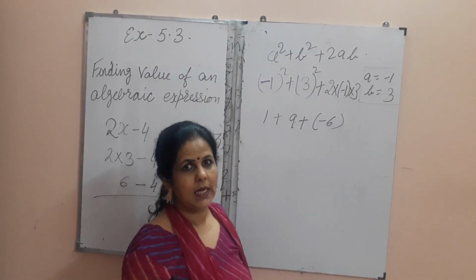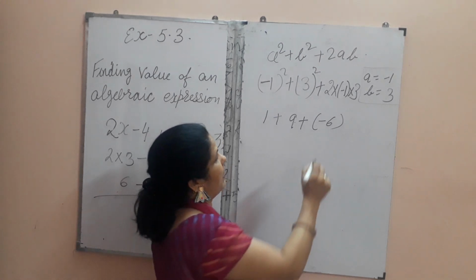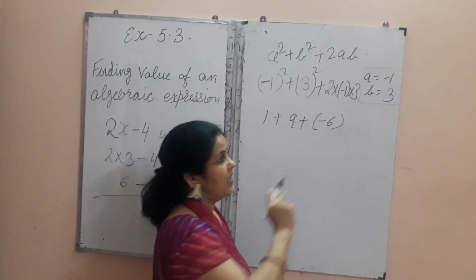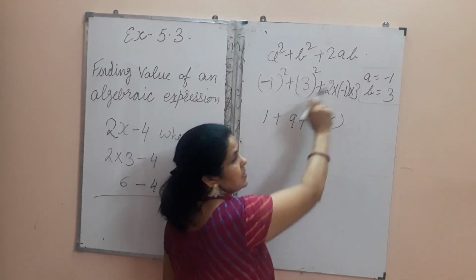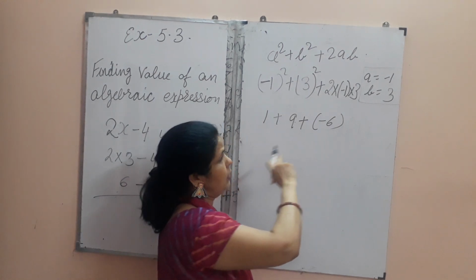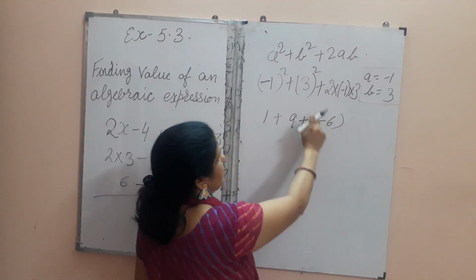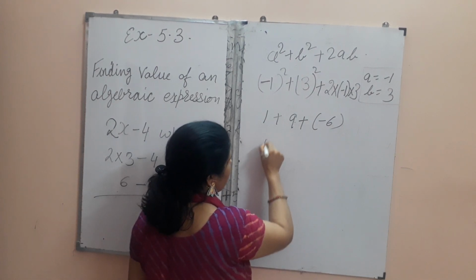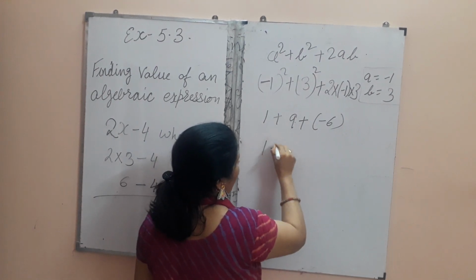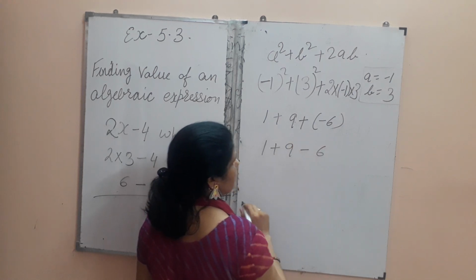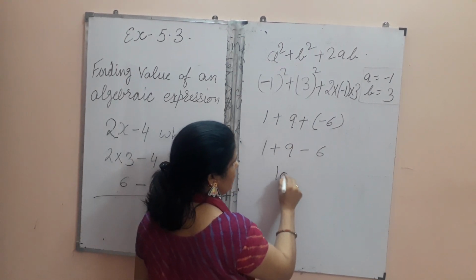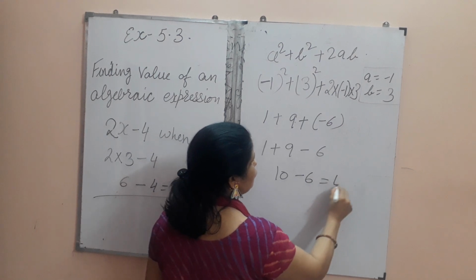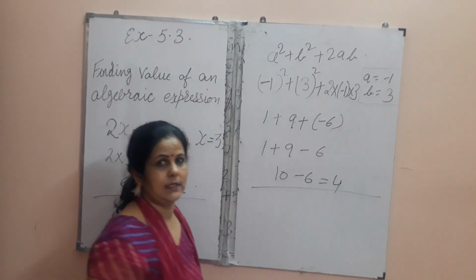And if minus signs are an odd number of times, then my answer sign will be negative. In this, the minus sign is 1 time. So the answer sign will be minus 6. So now we'll open the bracket. 1 plus 9 minus 6. Now we will add plus plus first. 10 minus 6 equals 4. So 4 is the answer.